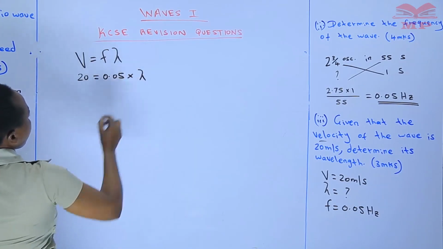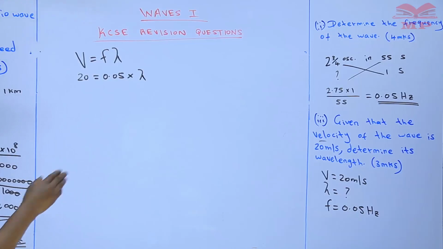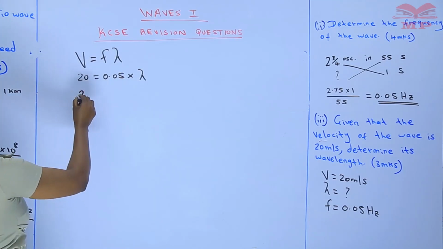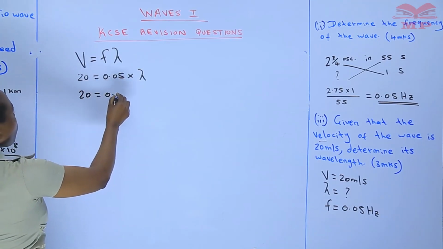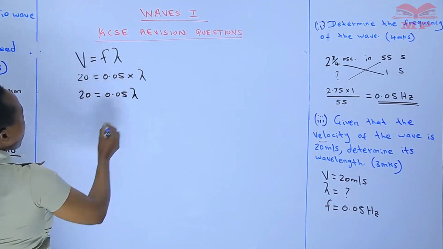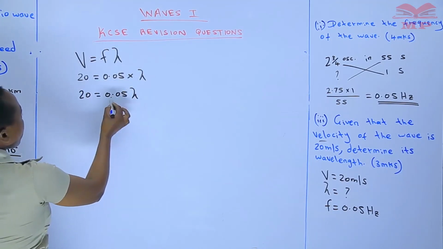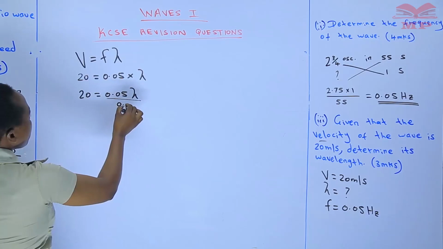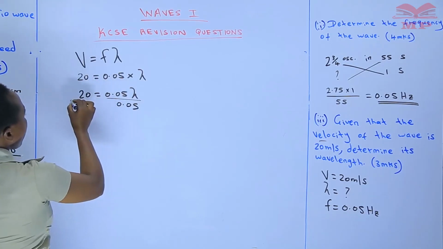We want to calculate the wavelength. The two are in their SI units, and therefore the wavelength will also be in its SI unit, which is meters. So we have 20 equal to 0.05 times wavelength. To make wavelength the subject, we divide both sides by 0.05.